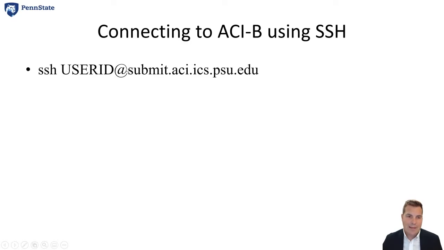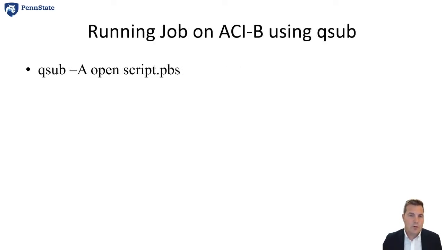Then you don't need the @ symbol; you just put a space and then the host name. submit.aci.ics.psu.edu is called the host name, and it's just a written name, letters, assigned to an IP address. Once we get on ACI B, we'll be able to submit jobs to the open queue with something like qsub -A open script.pbs. I will show you how to do this as we go.